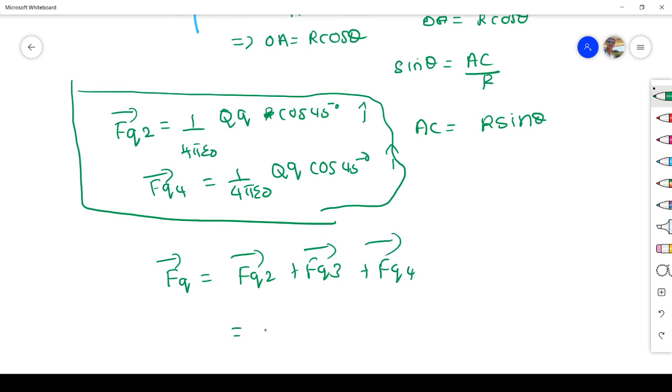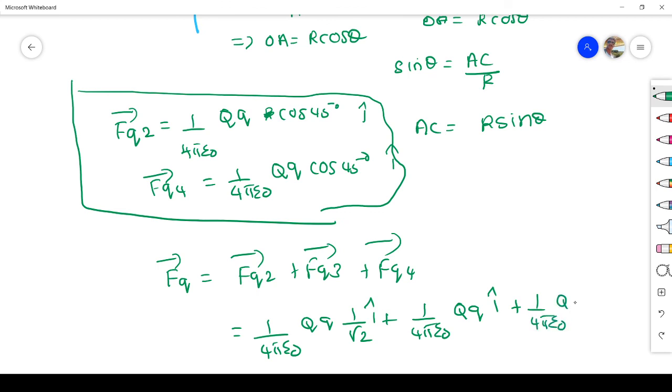FQ2 is 1 by 4 pi epsilon naught QQ, cos 45 is 1 by root 2, I cap. FQ3 is 1 by 4 pi epsilon naught QQ I cap, plus FQ4 is 1 by 4 pi epsilon naught QQ 1 by root 2, because again cos 45 is 1 by root 2, I cap, right?